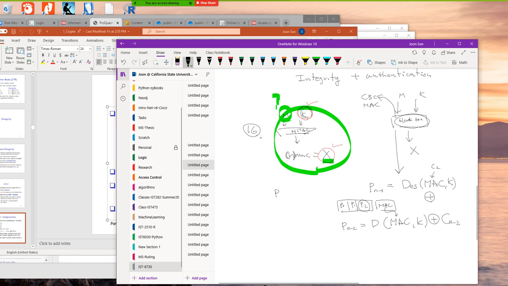But anyway, so the idea is, using this equation, the receiver, in this case Bob, is able to come up with the plain text. But not all of them, but some of them, okay?